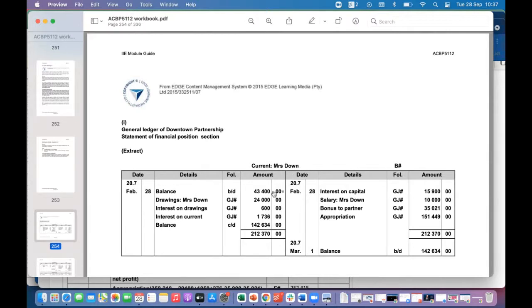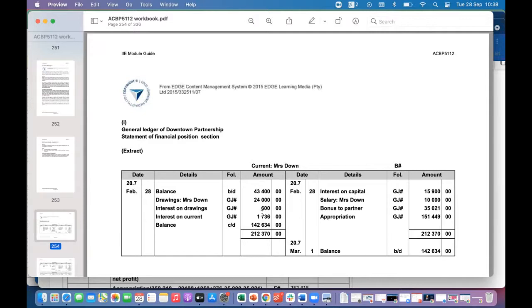And there you can see there's the opening balance of his current account. And then obviously there was drawings that took place. Remember, drawings gets closed off to the respective current accounts and not the capital account. Remember, we're under a partnership, so this is just a slight change there.